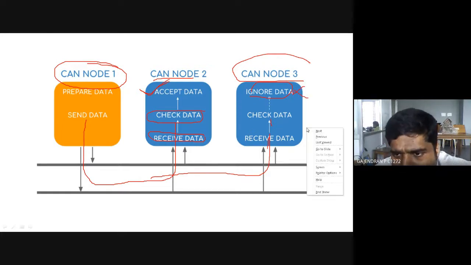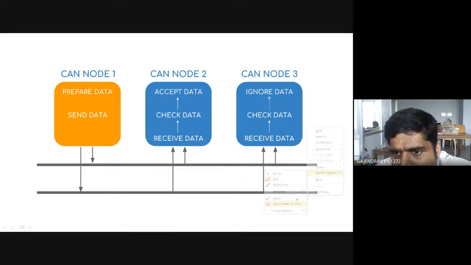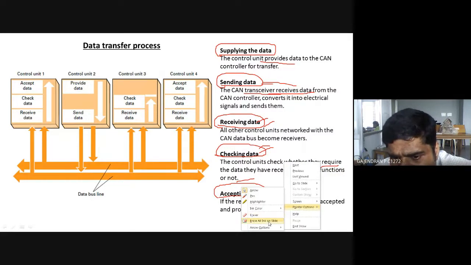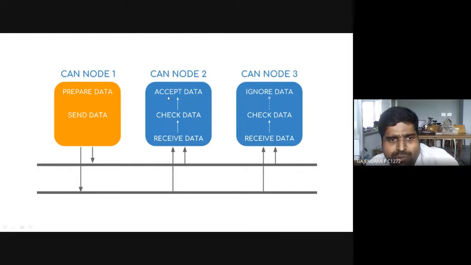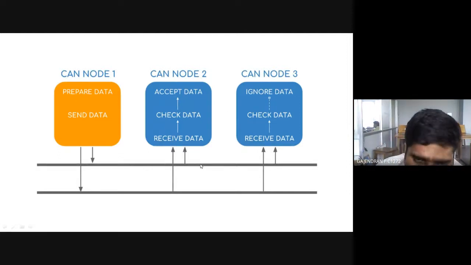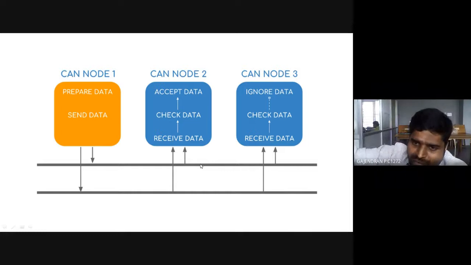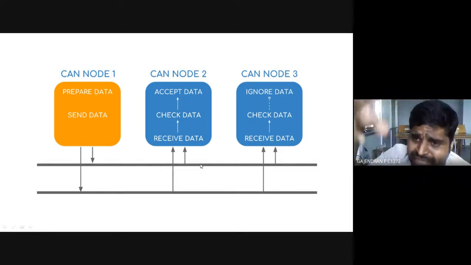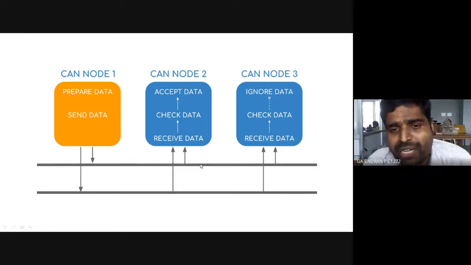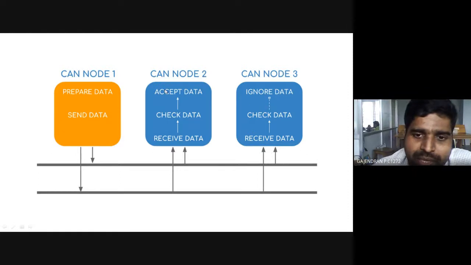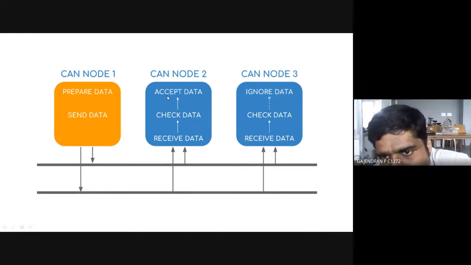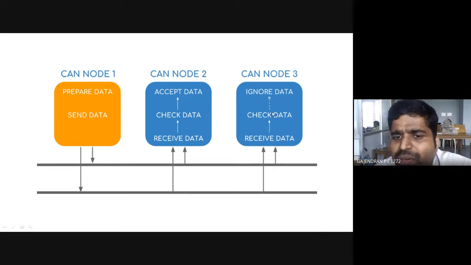Is this flow clear? Whatever five steps we have discussed are clearly given in a single image. One node sends the information, all other nodes receive and check the data. If the data is required by a particular node, it accepts; other nodes that find it irrelevant will ignore.